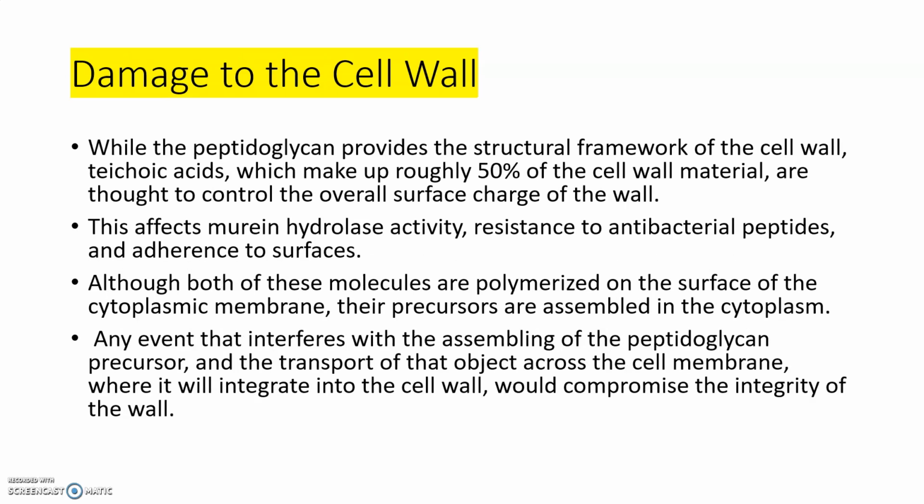While the peptidoglycan provides the structural framework of the cell, teichoic acids make up roughly 50% of cell wall material and control the overall surface negative charge of the cell wall. What does teichoic acid affect? Murein hydrolase activity, that is peptidoglycan hydrolase activity, and it mediates resistance to antibacterial peptides, and also provides adherence to the cell surface.